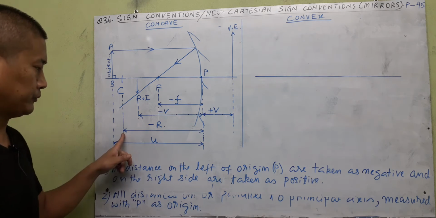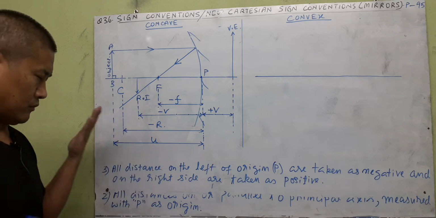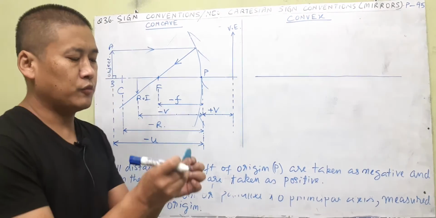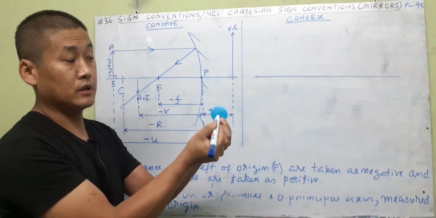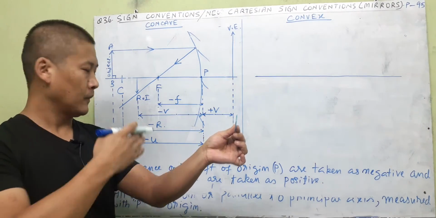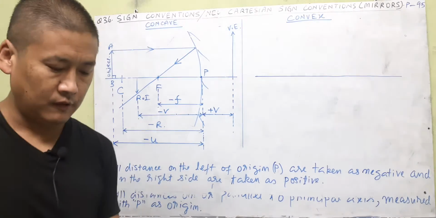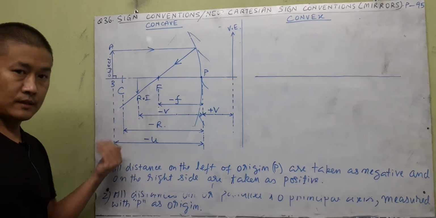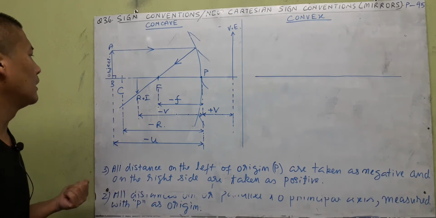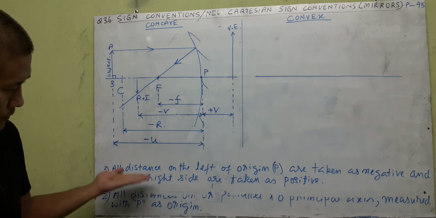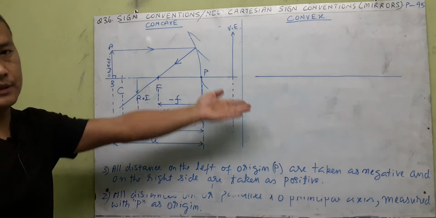The object, whether concave or convex, will always be negative because we cannot put an object behind the mirror. This side will not reflect, so it is always the left side. The first sign convention itself says that the object must be placed in front, on the left side of the mirror. So that is the sign convention for distances parallel to the principal axis.